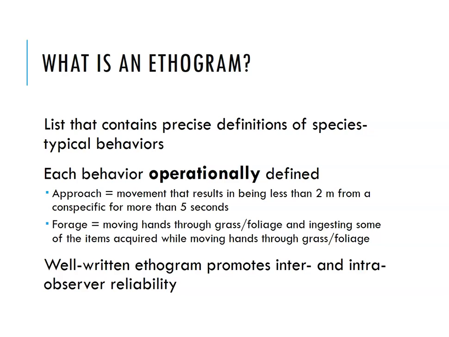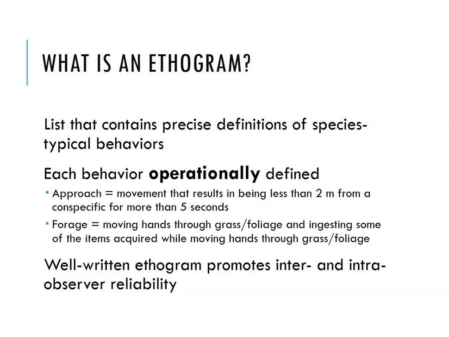Again, I know that you've talked about ethograms in other courses, but to remind you, this is really just a list or a table that contains the precise definitions of species typical behaviors. Ethograms may already exist for the animal that you're interested in, specifically related to the behaviors that you want to study.